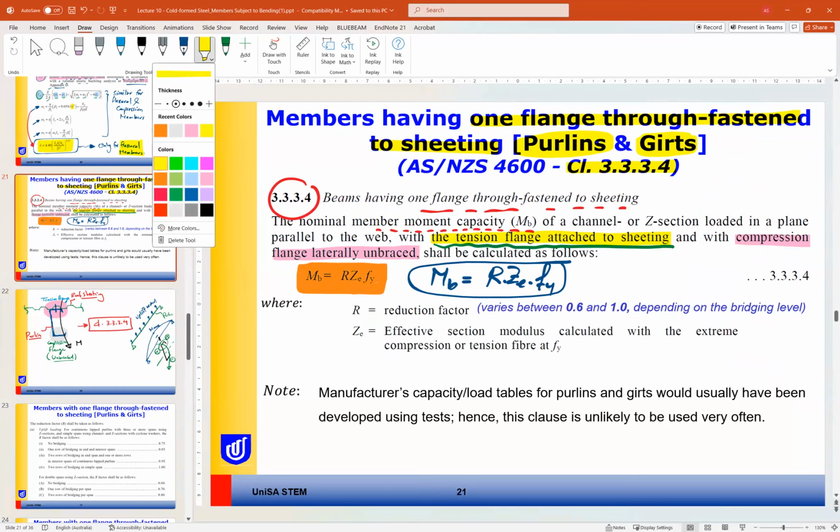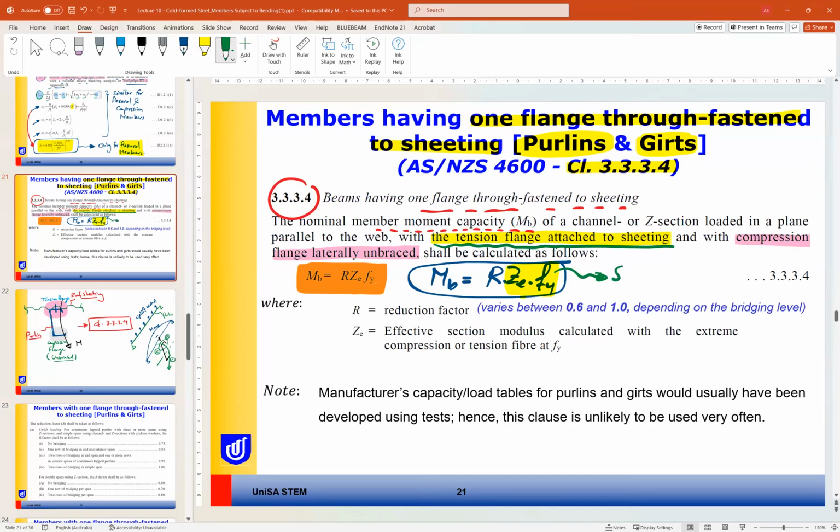So if you go back to our first part of the bending, the yellow part here is our section capacity. So it is the section capacity multiplied by what? A factor R. So the new part is R, where R is a reduction factor.